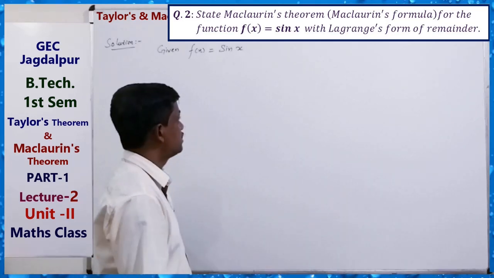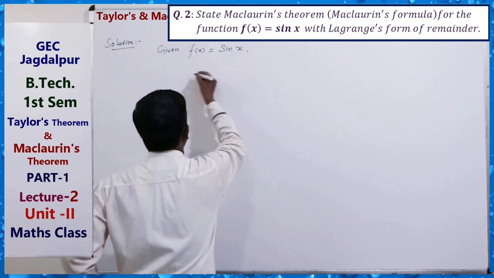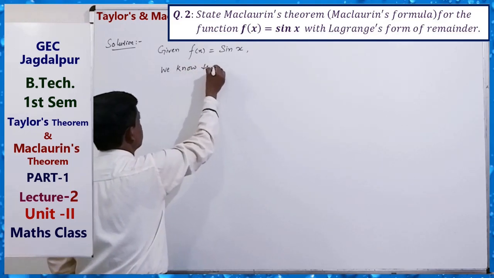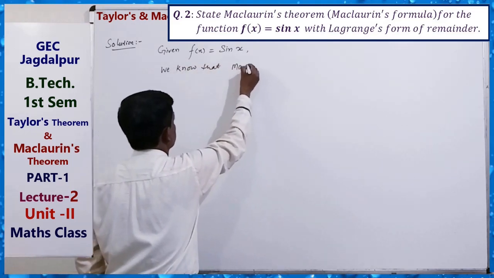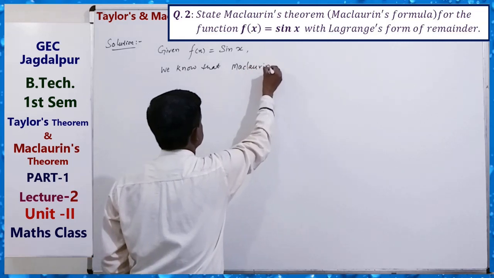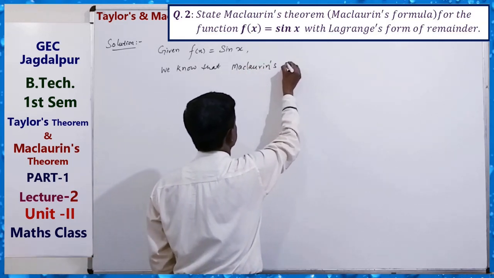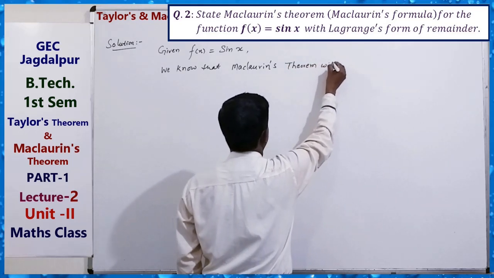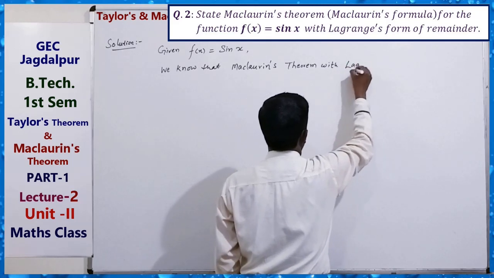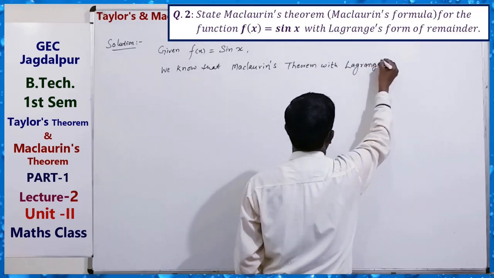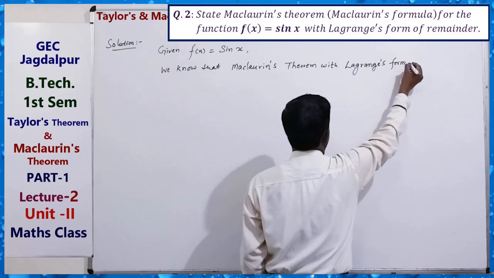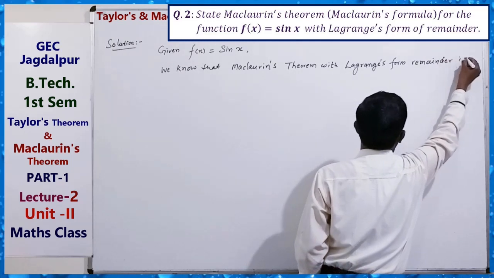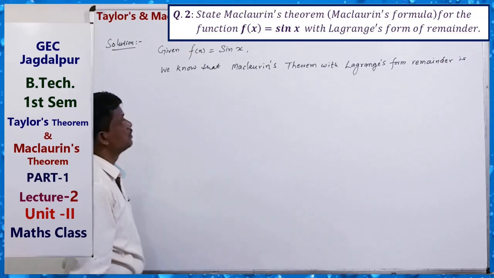So here, we know that Maclaurin's theorem with Lagrange's form of remainder is what?